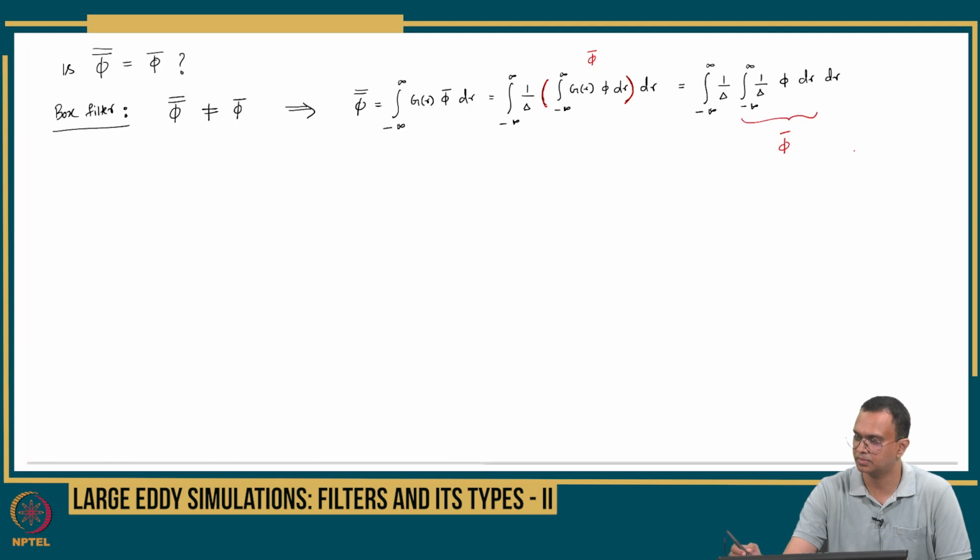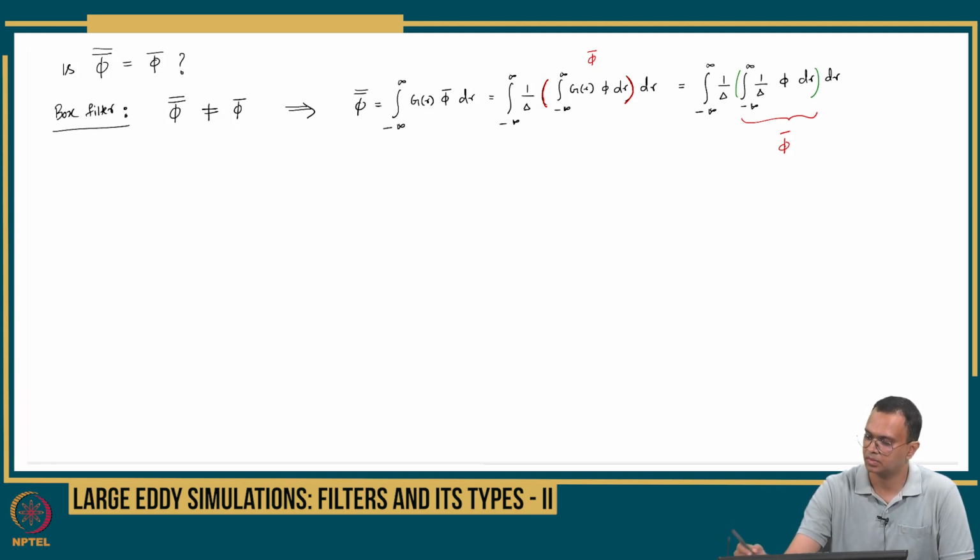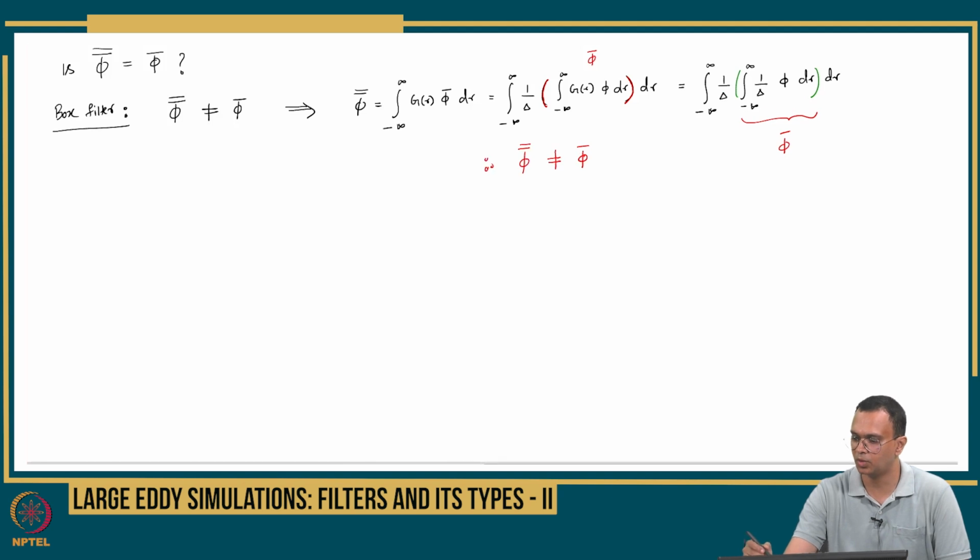Therefore phi double bar is not equal to phi bar, because there is a 1 by delta of phi bar coming up again.